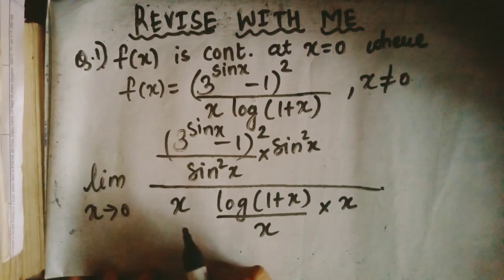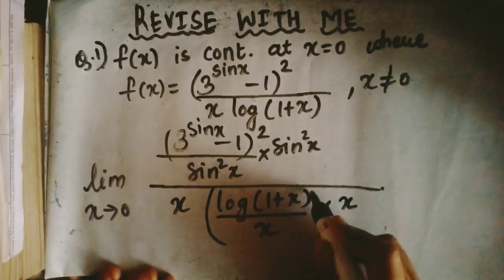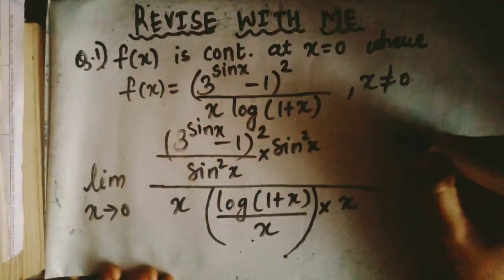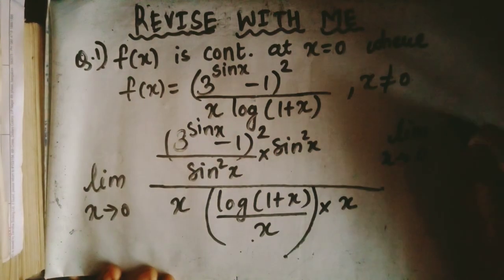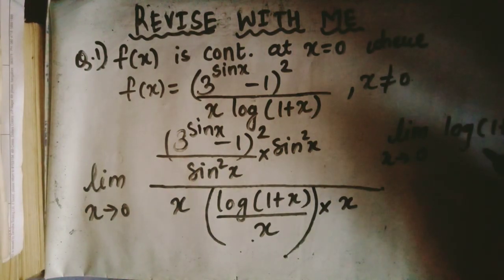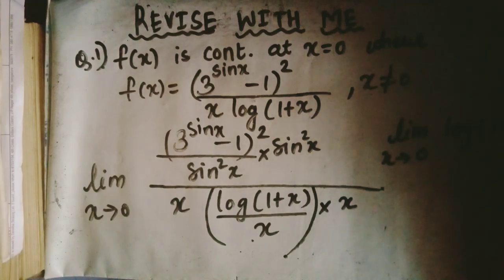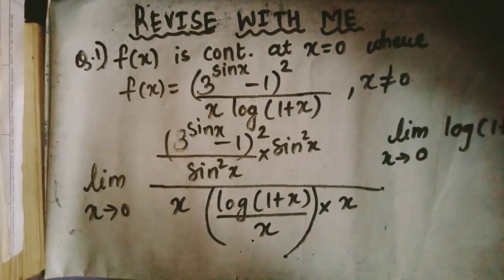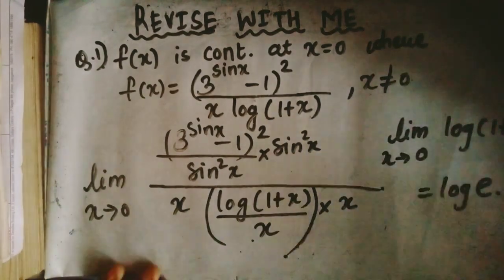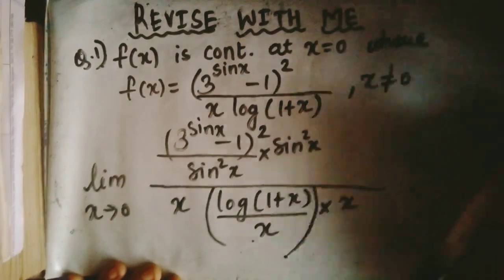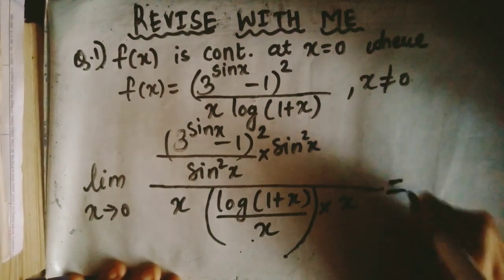Okay, so this term we can write it as limit x tending to 0, log of 1 plus x. We can take this x here, so it becomes log 1 plus x raised to 1 by x, okay, which is nothing but log e. So we can directly write here.